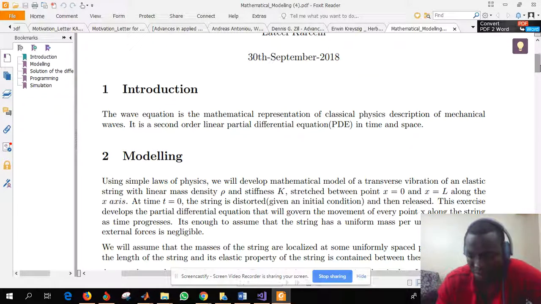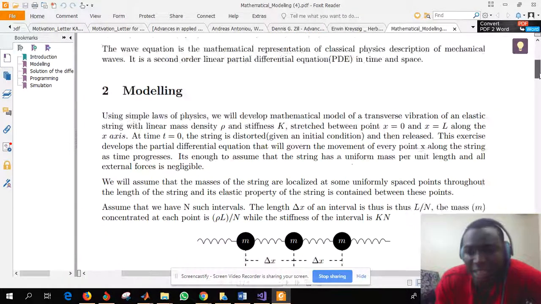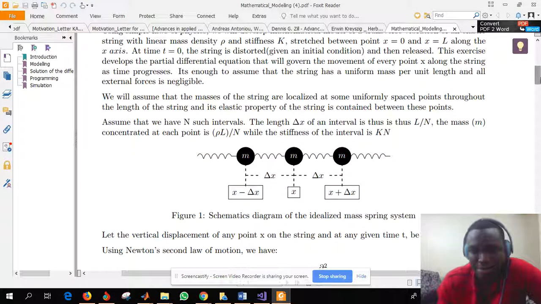So the general idea is not just simple physics bringing two things together. One is the second law of motion, then the other one is Hooke's law.